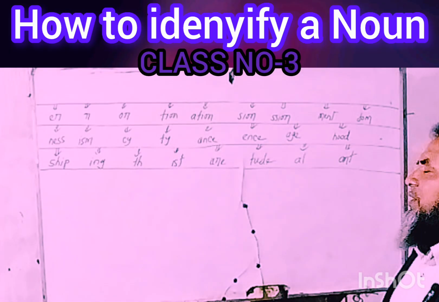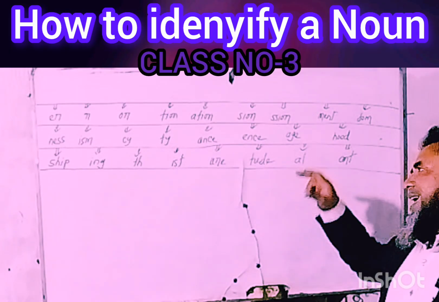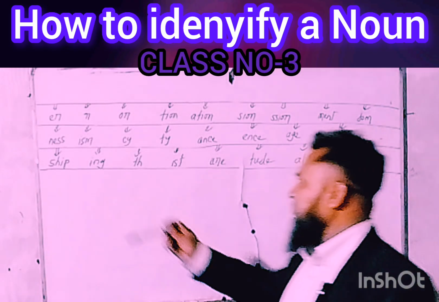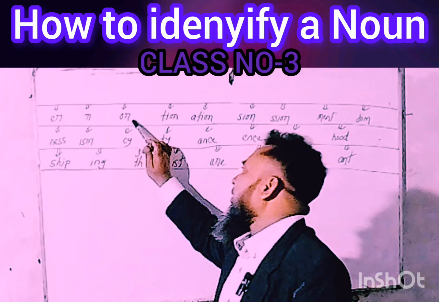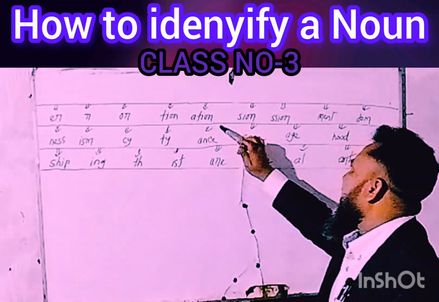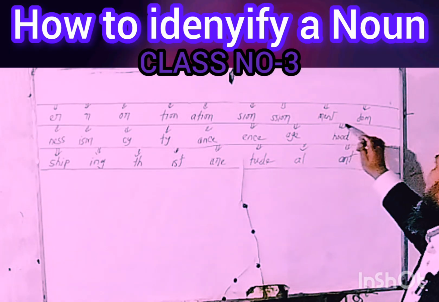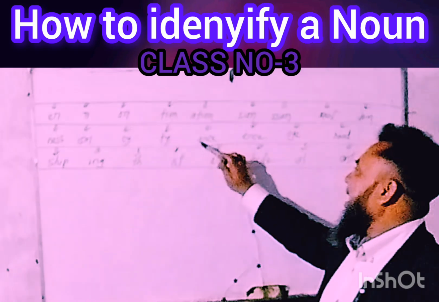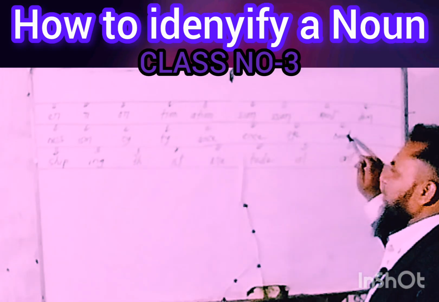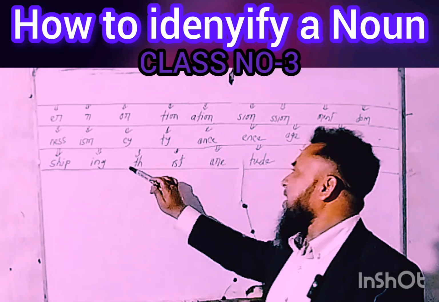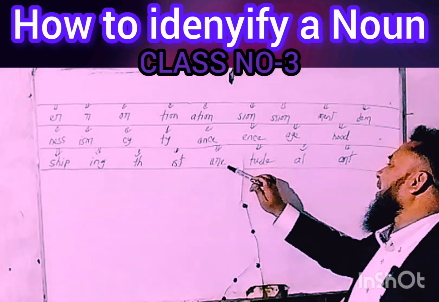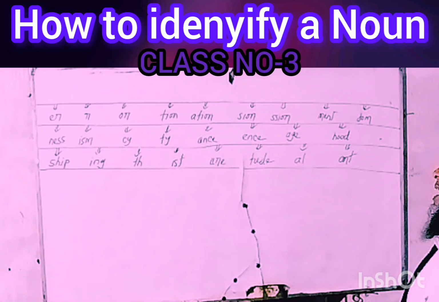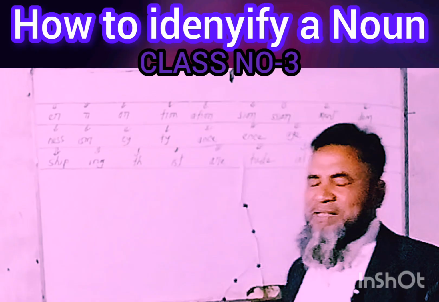In my classes, I am trying to show you about 25 categories of suffix, such as er, or, tion, ation, sion, ment, dom, less, ity, ance, ence, age, hood, ship, ive, ness, ist, ure, tude, and ant.